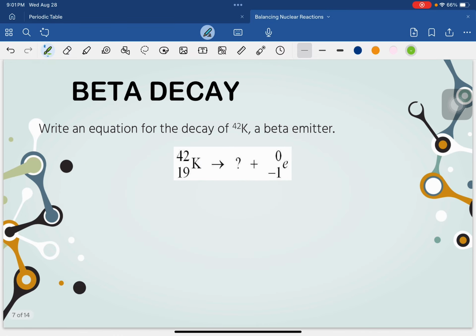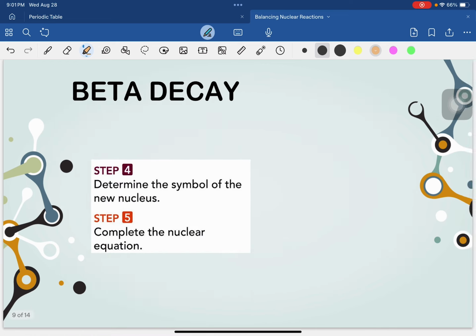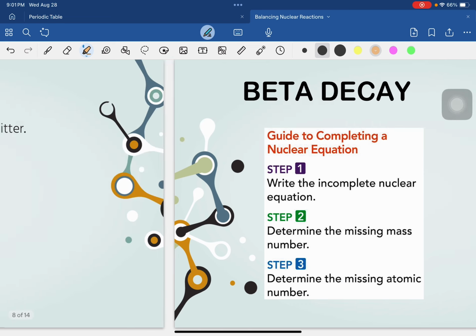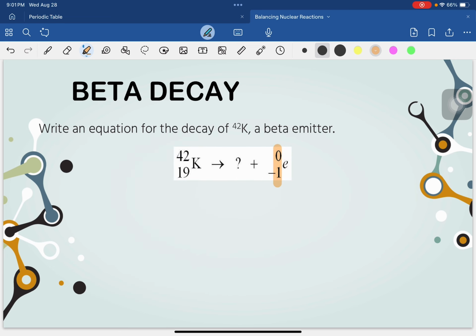Now we do the same thing with our beta decay. So here we can see a beta particle. So this is potassium 42, 19. So let's not follow the steps anymore. We know the steps already. So let's do it the easiest way that we can. Mass number first.